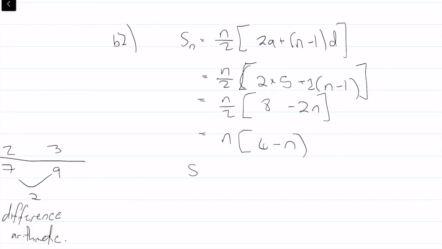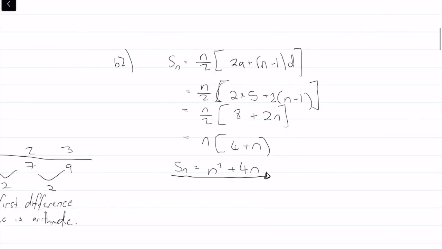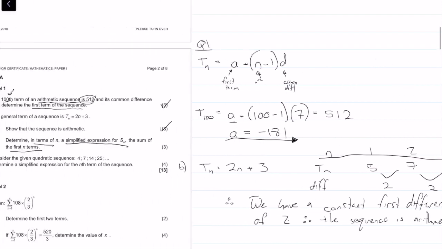Then we can say that Sn is equal to n squared plus 4n. That is the solution. So it's n squared plus 4n is our Sn term, or the sum of the terms.